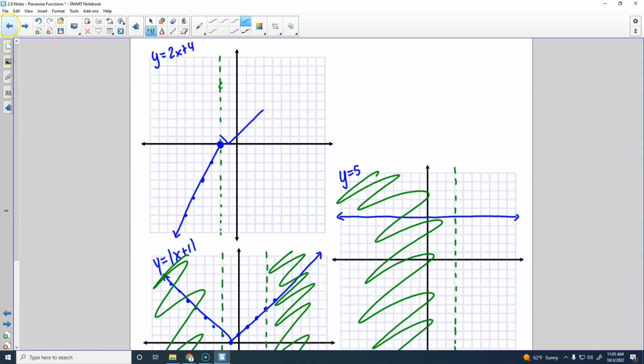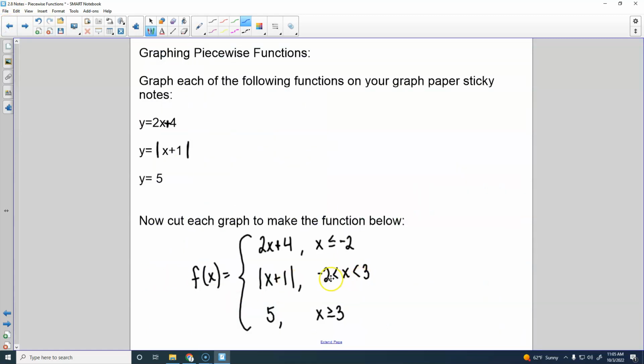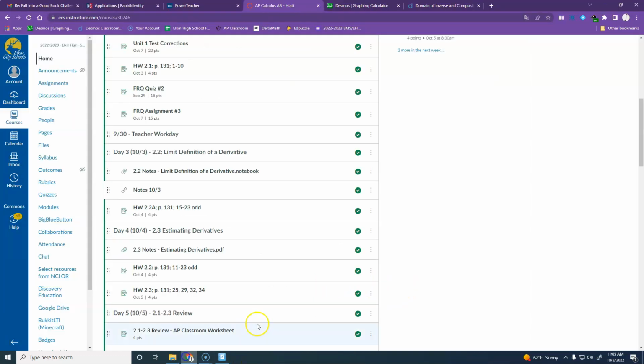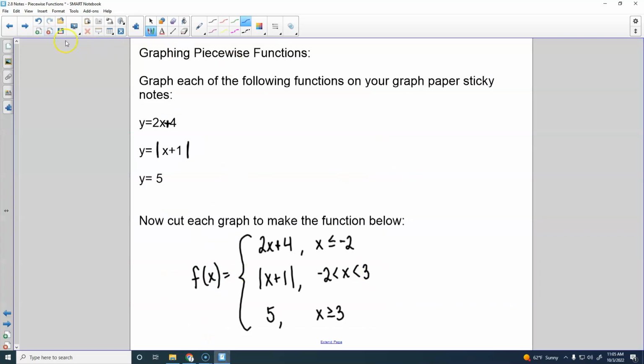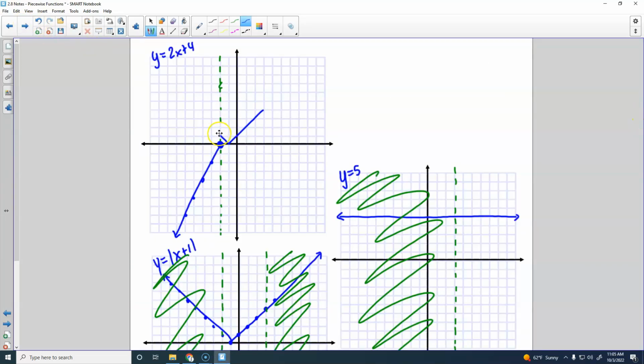If we look at the function that we're supposed to be doing for that, we're supposed to use that from negative 2 to 3, but do we include the endpoints? No, we don't include negative 2, we don't include 3. So, on the graph, we're going to put an open circle on this end for that function and an open circle on this end for that function.